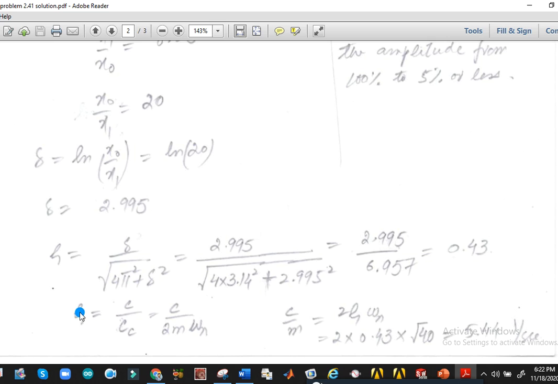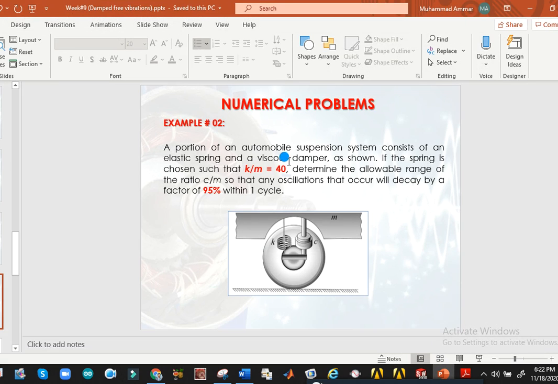Okay, so zeta is known, that is equal to 0.43, and 2 is also known, and we have to find omega n. What is omega n? Omega n is the square root of k over m. Also we have been provided the ratio of k over m. So what was the ratio of k over m in the numerical problem? It was about 40.